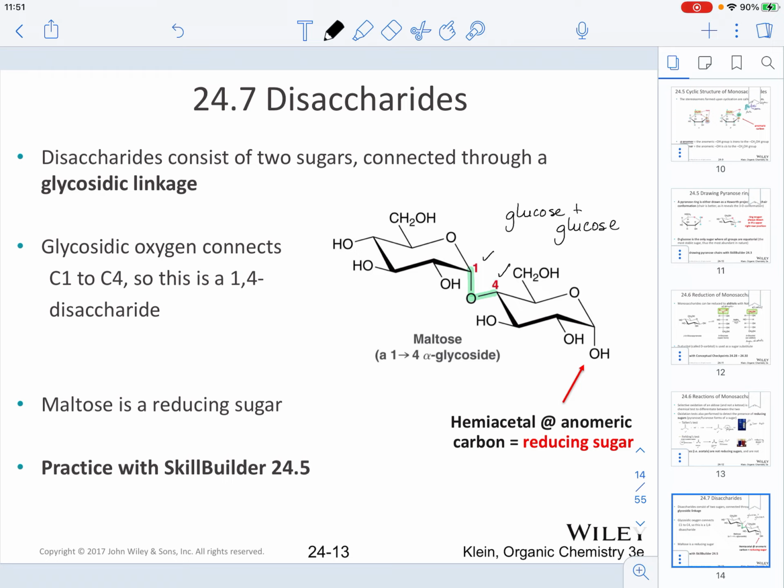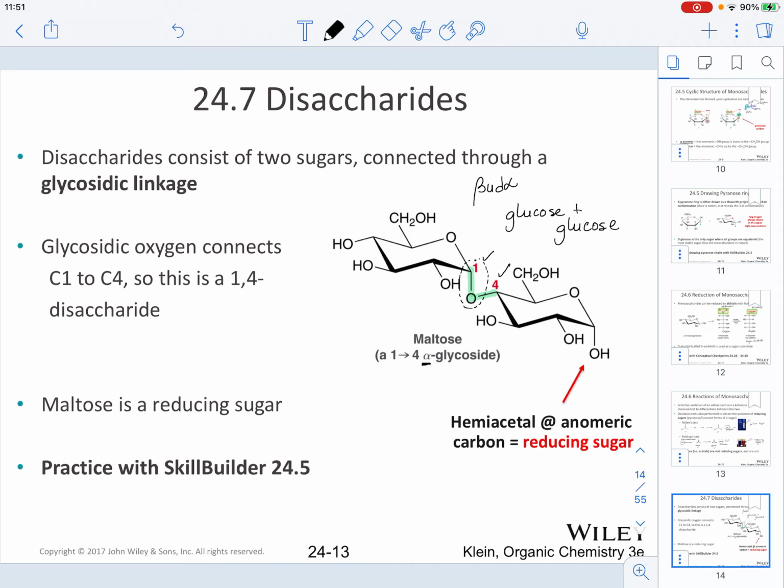Now, this is known as an alpha glycoside. So if you remember the little acronym that I illustrated in several videos before, Buddha, the alpha comes from the idea that at position 1, you can see that the OH is pointing down. So that's where the alpha glycoside comes from.